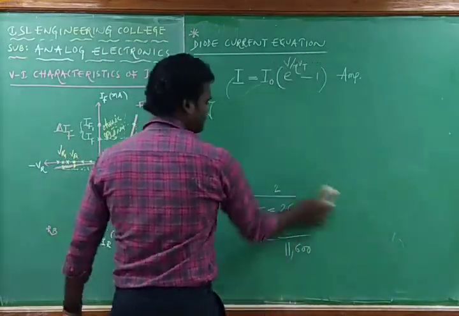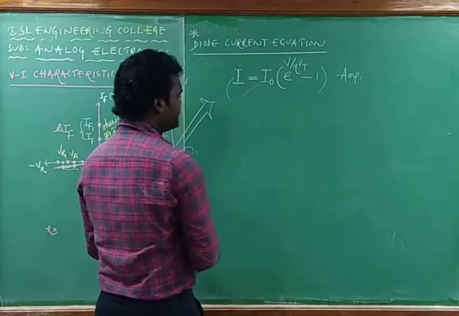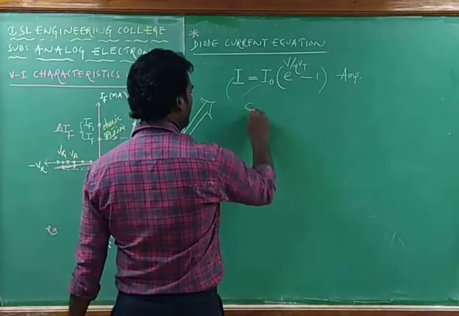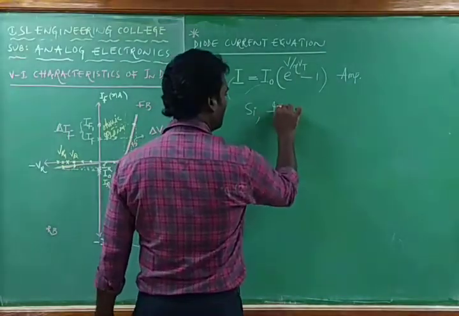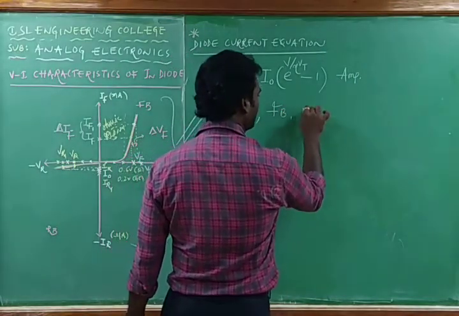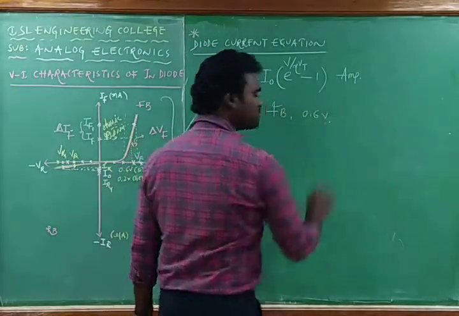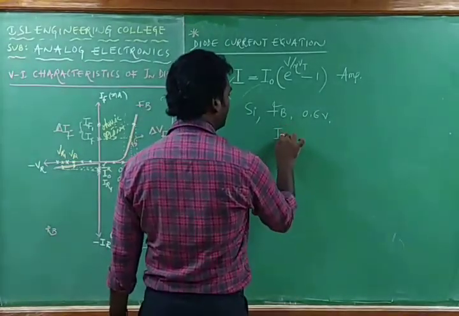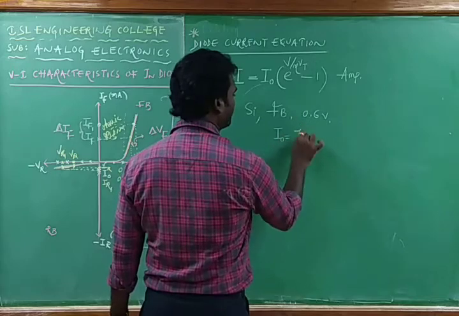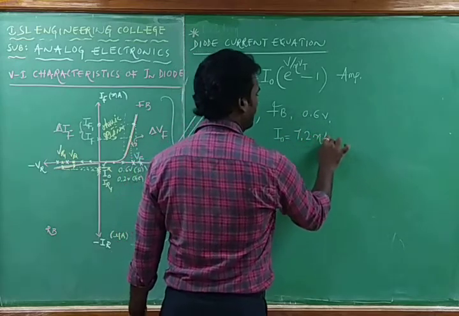The question is that it is a silicon PN junction diode connected in forward bias with a voltage of 0.6 volts, and it has a reverse saturation current of 7.2 nanoamperes.